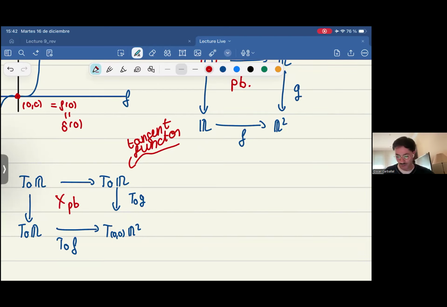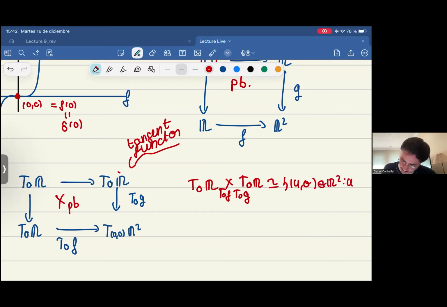If you want the pullback of these two things over these maps, it is canonically isomorphic to the vector space of pairs such that u equals v.